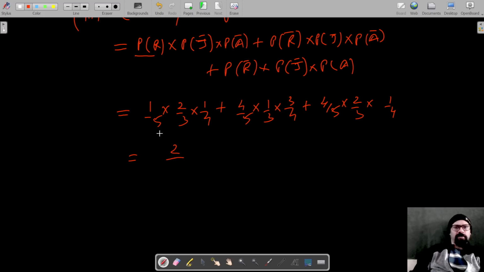Okay, the first term gives 1 by 5 into 2 by 3 into 3 by 4, which is 6 by 60. The second is 4 by 5 into 1 by 3 into 3 by 4, which is 12 by 60. The third is 4 by 5 into 2 by 3 into 1 by 4, which is 8 by 60.